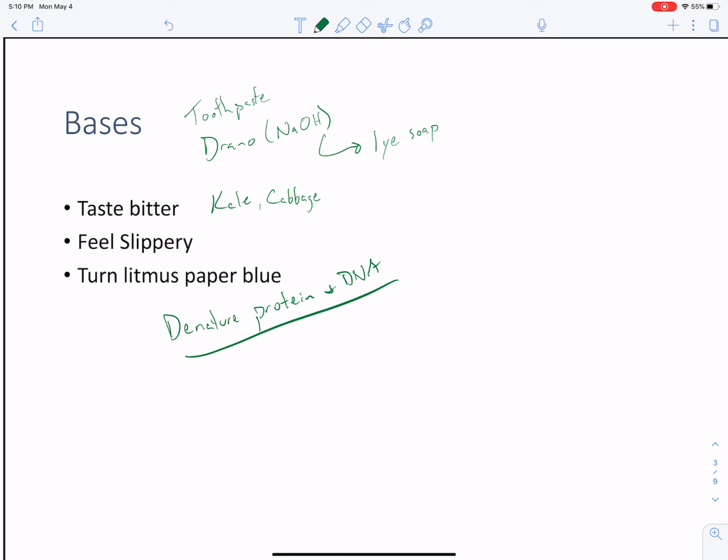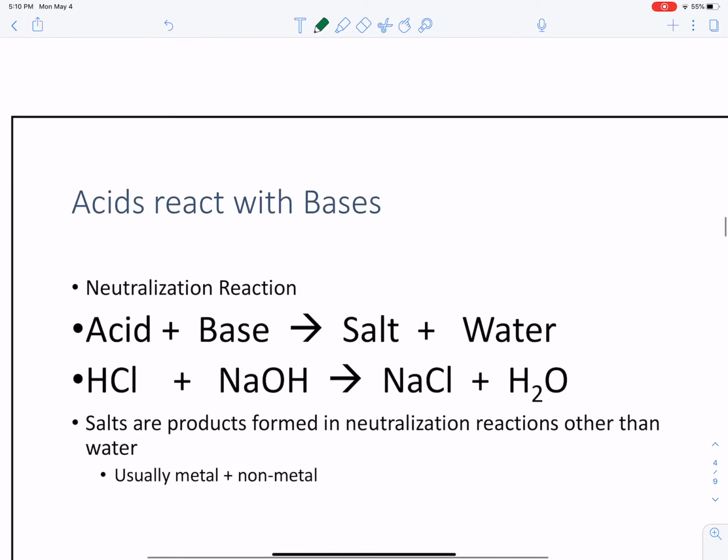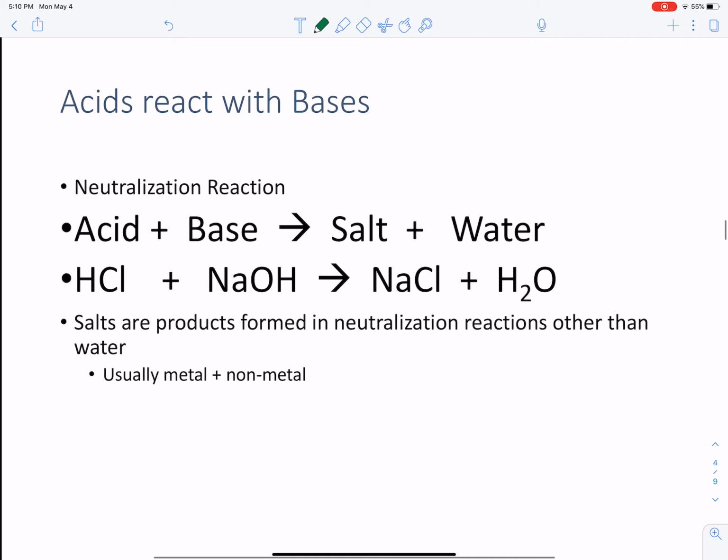They unwind your proteins and DNA. So, which would you rather jump into? Acids just burn. Bases destroy your person. Interesting thoughts, right? So, it is really important to maintain a good balance between acids and bases as you are embalming a body.